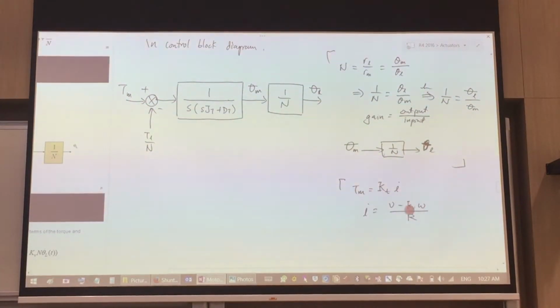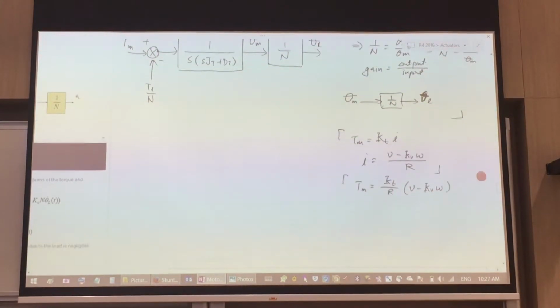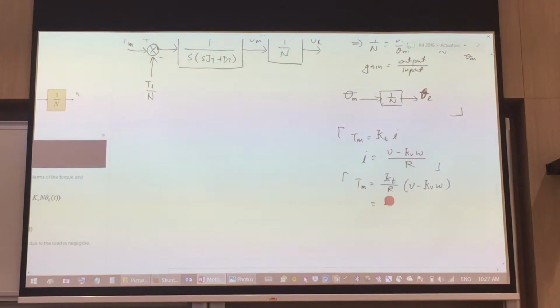This part came about because of the back EMF. And a few other things to recall. Tm equal to KT over R, so V minus Kv omega. And I can change that omega into theta dot. Omega is just like theta dot.